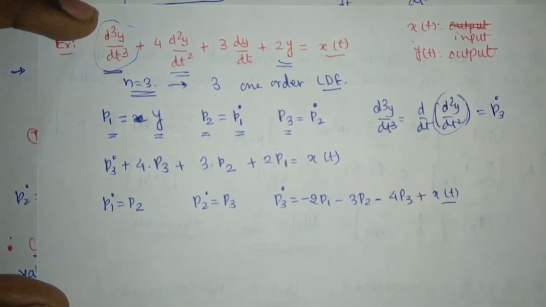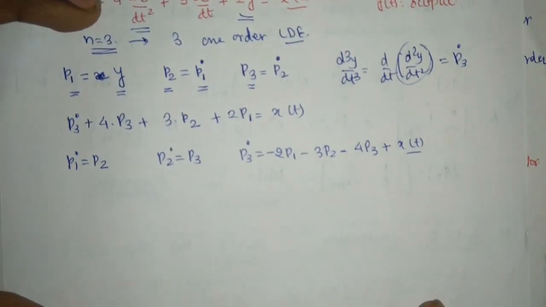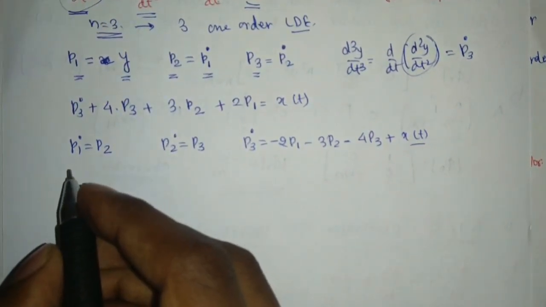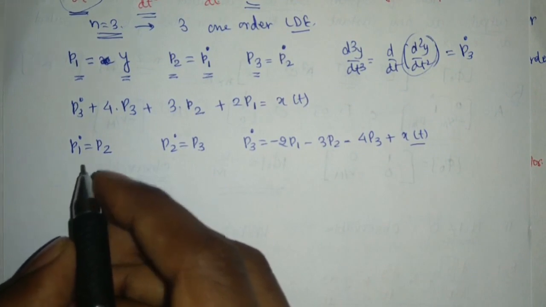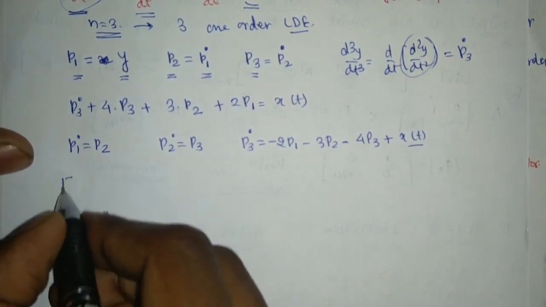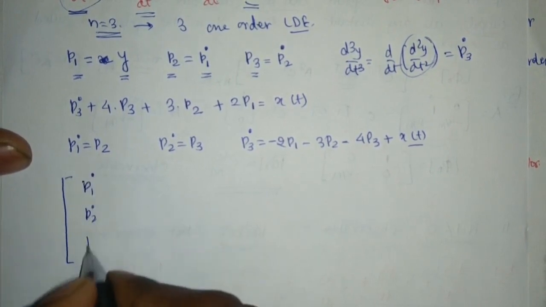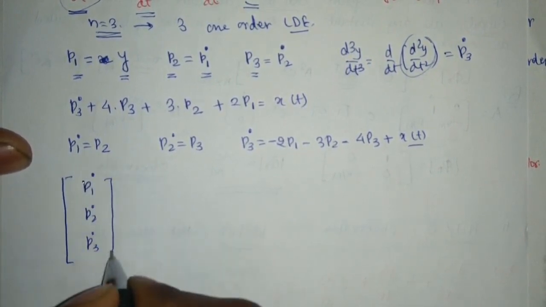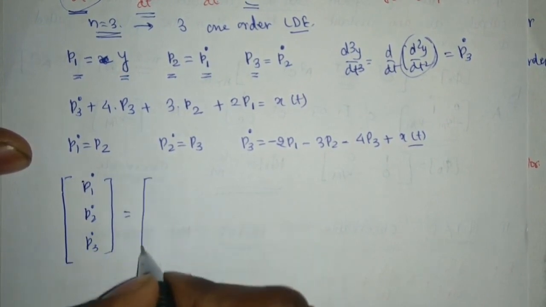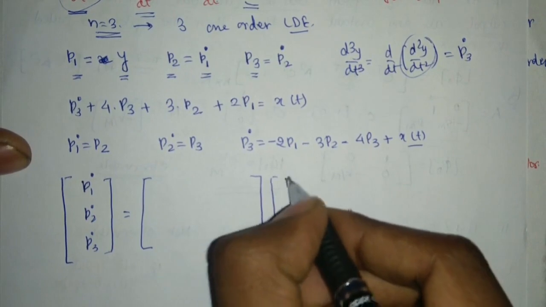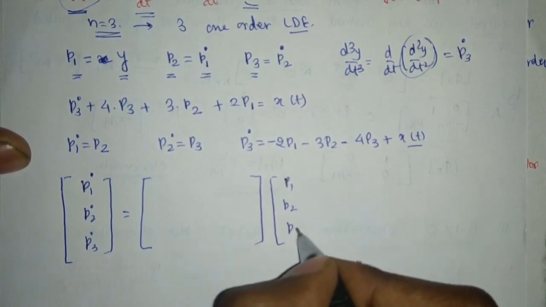Now I'm going to do the state space representation. For the state space representation, the very first thing that I write is P1 dot, P2 dot and P3 dot, and then the first matrix whose multiples have to be P1, P2 and P3.